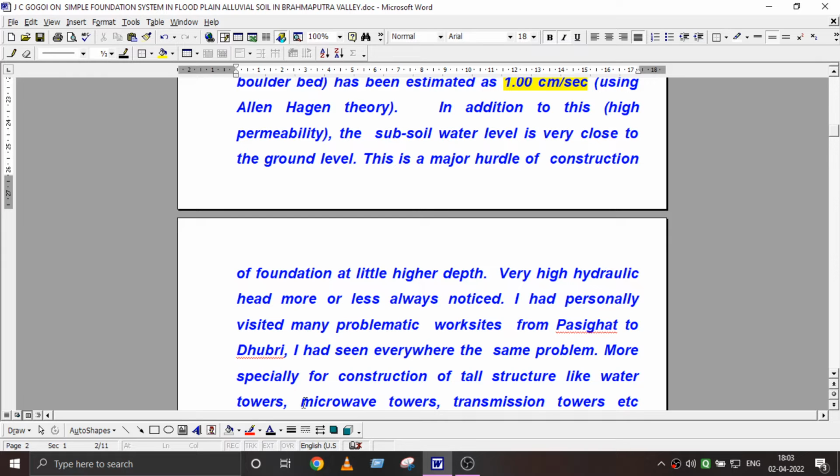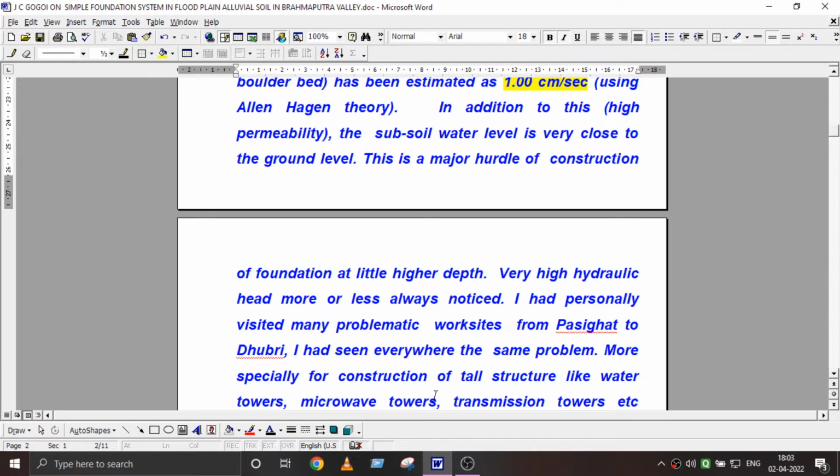I have been fortunate to associate with some microwave towers at the North Bank as well as some hilly states, where height varies from 100 meters to 150 meters. So in such cases, we are facing great problem.